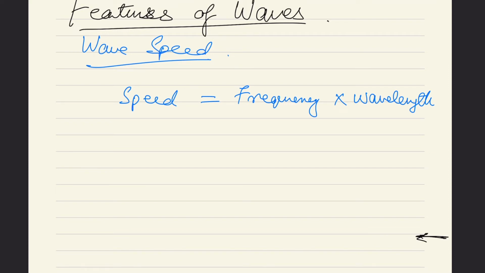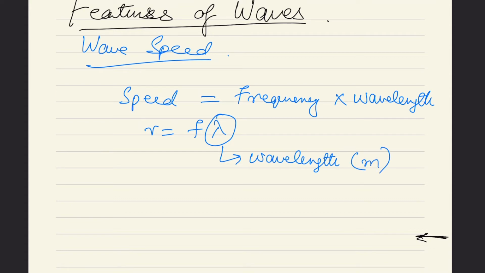So V is equal to F lambda. Lambda is the symbol to represent the wavelength, and the unit of wavelength is meters, and V represents the speed. So V is equal to F lambda. This is the relationship of the wave speed with frequency and the wavelength.